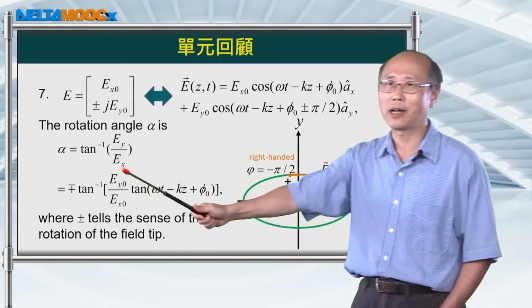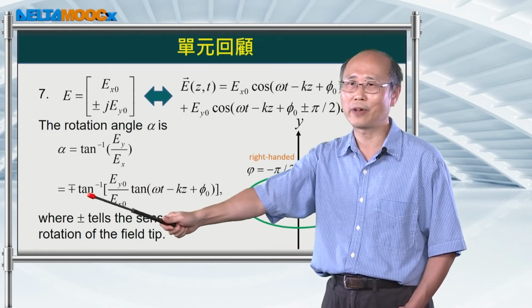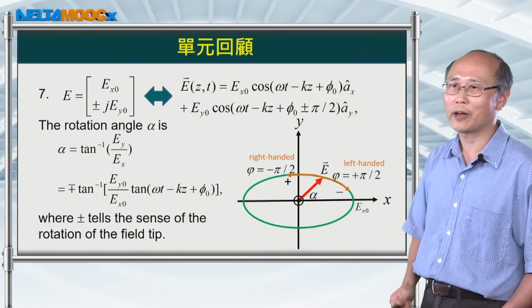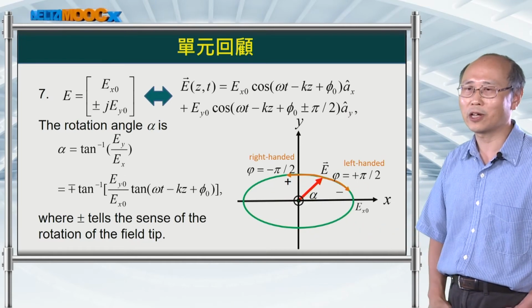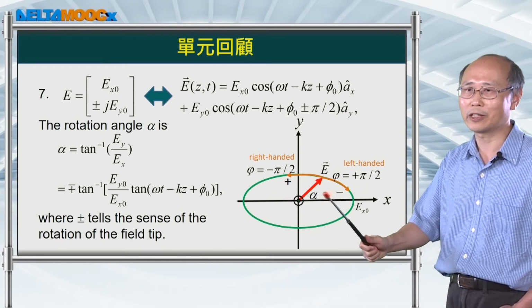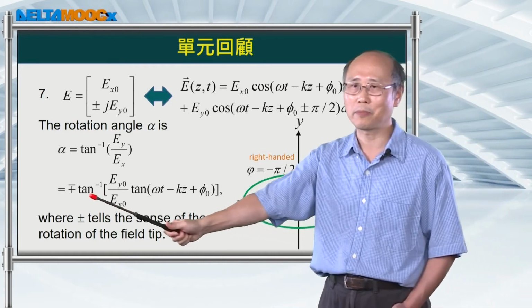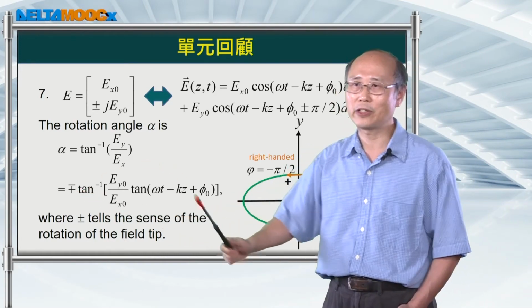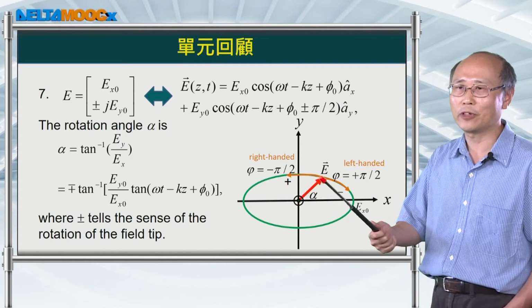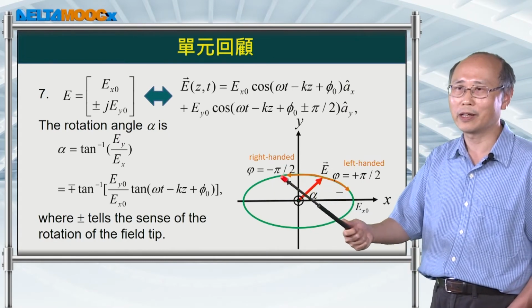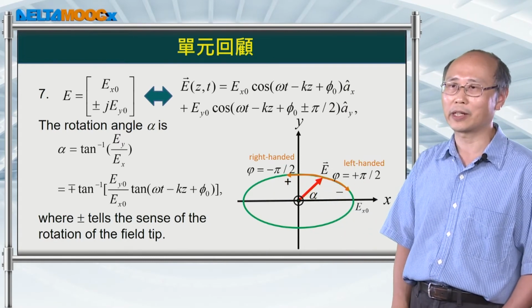And the plus minus sign in front of this arctangent will tell you the sense of the rotation of this electric field. For example, if you pick up this plus sign for your calculation, then this electric field is going to rotate along the counterclockwise direction.